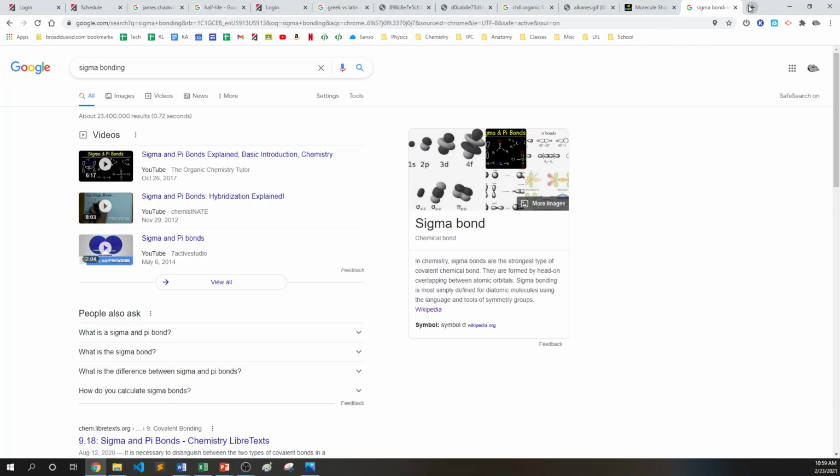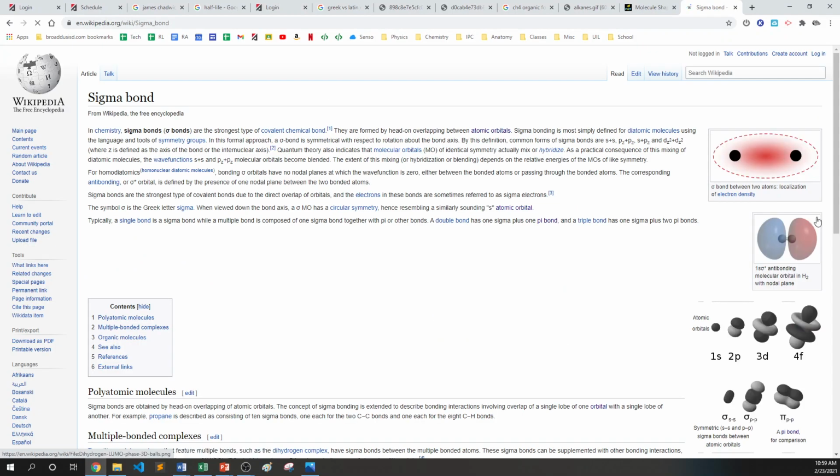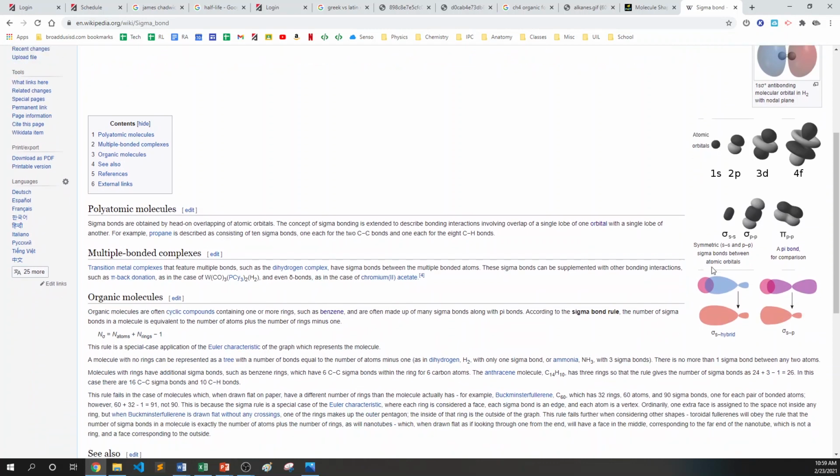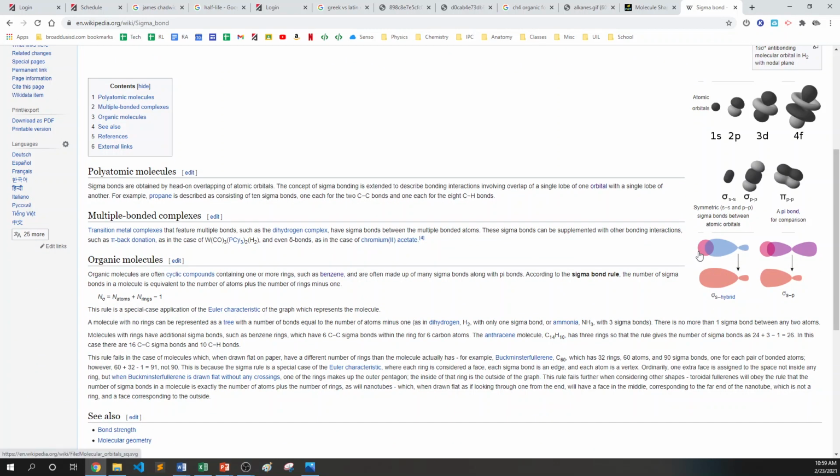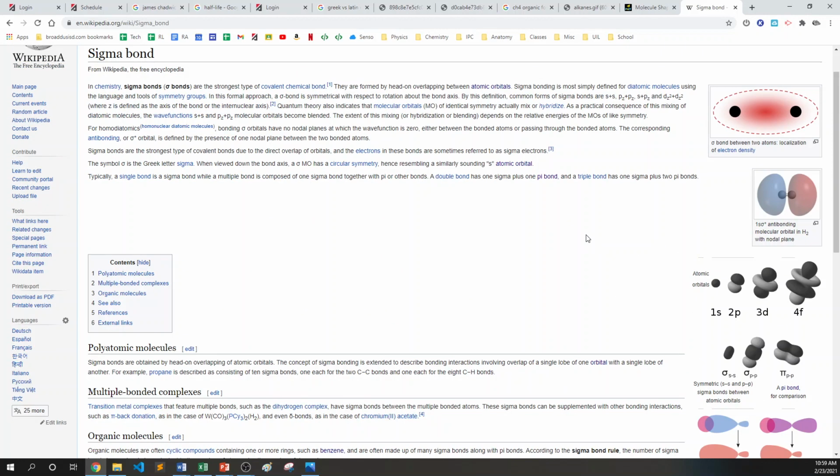And when you have the two p orbitals bond like this, where they come together like that, this is known as sigma bonding. I never taught that, and I probably won't teach it. So you have an s and a p orbital, direct head-on collision, sigma bonding.